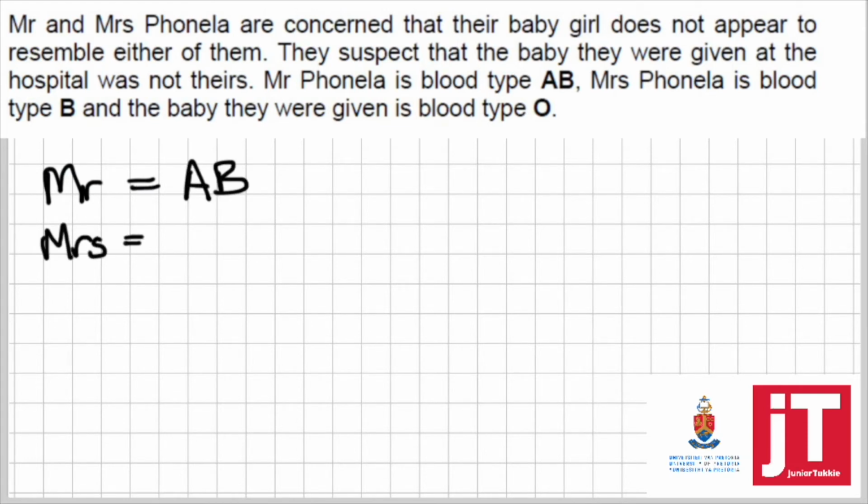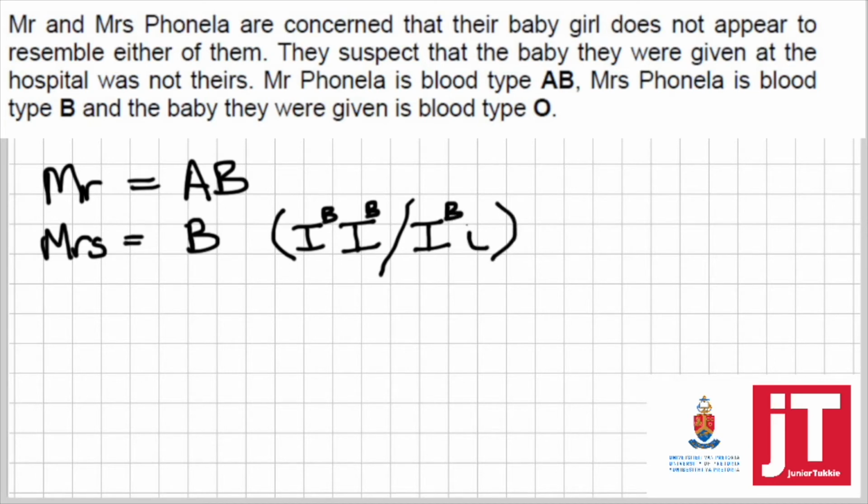It's always good to write down the scenario that we are given, just to make sense of it for ourselves. Here we can see that Mrs. Fenella, being blood group B, has the possible combinations of the alleles jotted down.